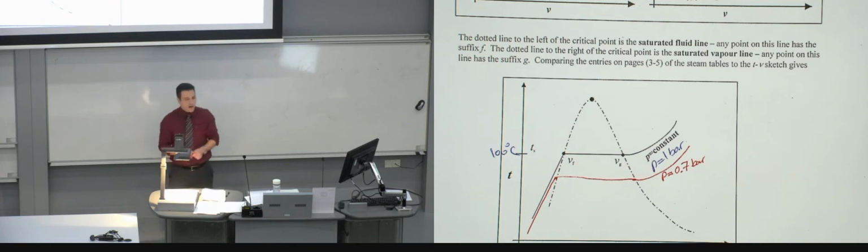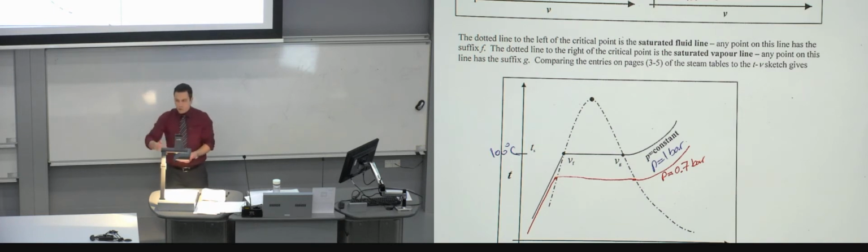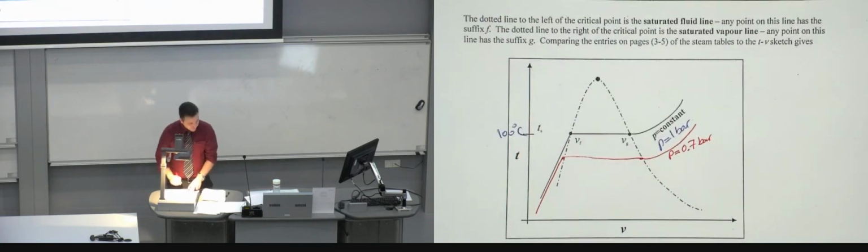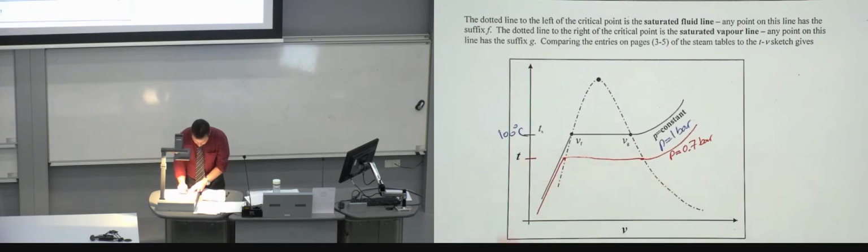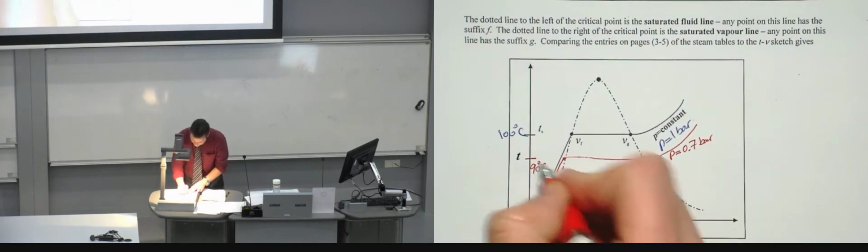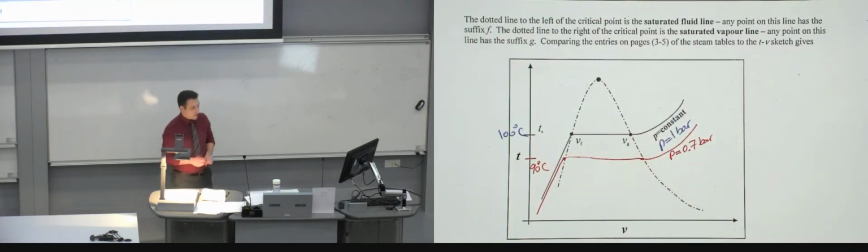You know what happens when you try to boil water at the top of a mountain? Water is going to evaporate at a lower temperature than 100. Therefore the saturated temperature at this line would be 90 degrees Celsius, when the pressure is 0.7 bar.